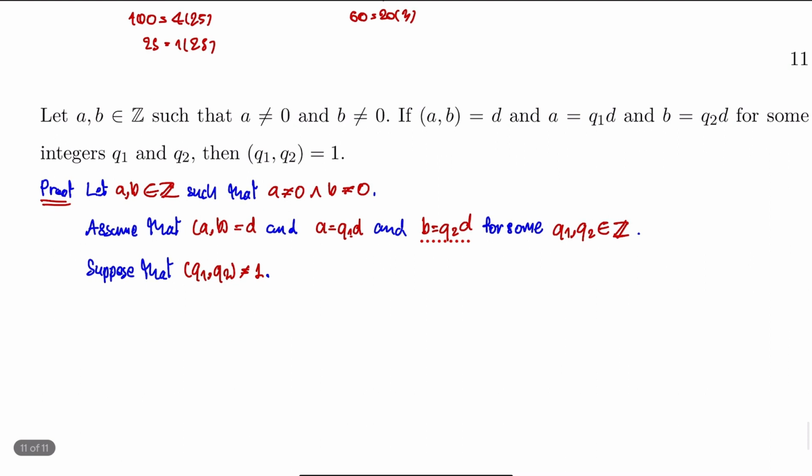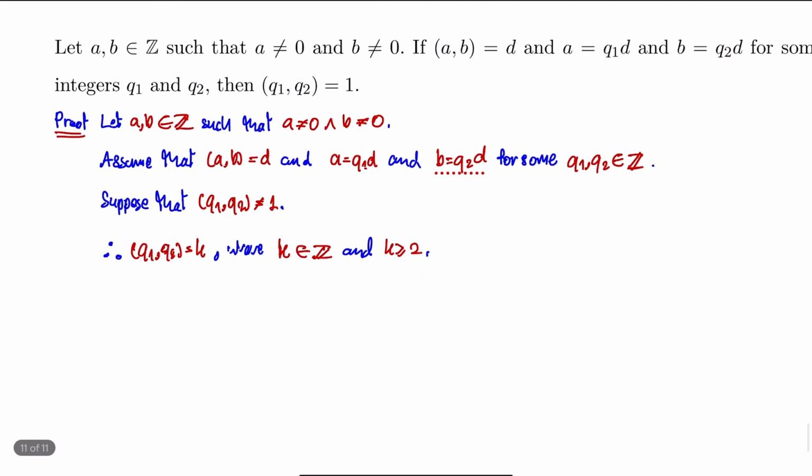So that means we have the greatest common divisor of Q1 and Q2 being K, where K is an integer and K is greater than or equal to 2.